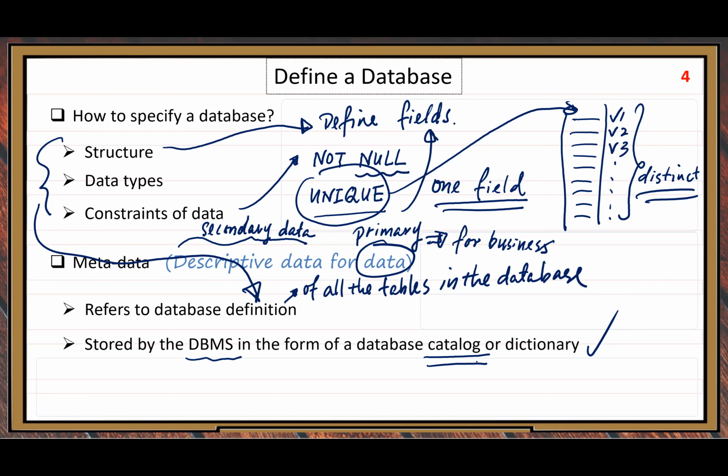In our catalog, it's an organized way to arrange all the databases running inside this DBMS. Another word is dictionary. Okay? But usually we use this catalog terminology. Later we will learn more details about this concept, catalog. Okay, all right.